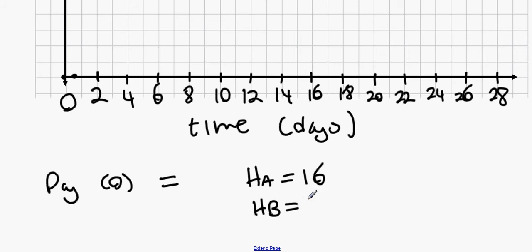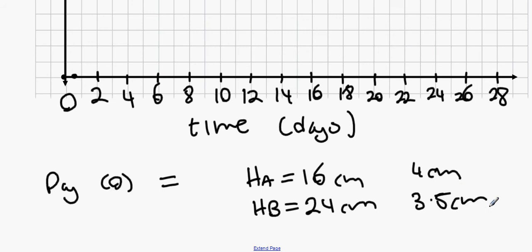Now remember, this one grows at 4 centimeters per day, and this one, HB, grows at 3.5 centimeters per day.